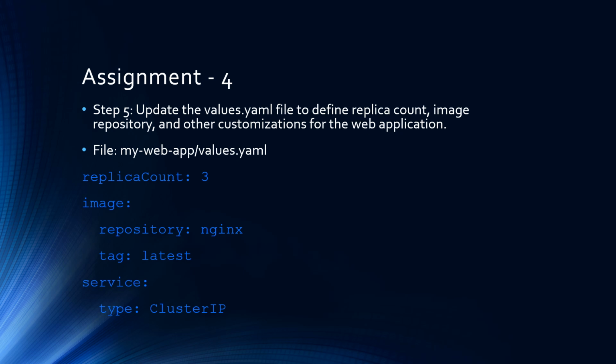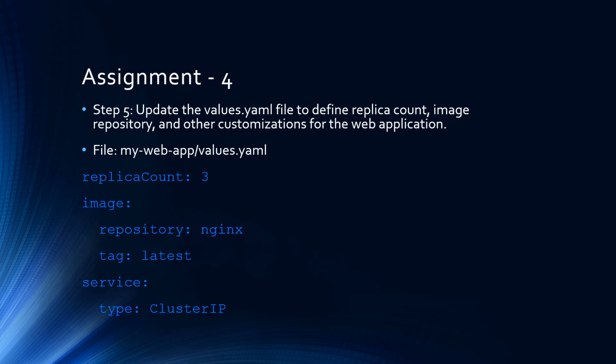Assignment 4 focuses on customizing the values.yaml file, which is crucial for making your chart configurable and reusable. In this assignment, you'll set the replica count for your application, configure the image repository and tag, define service settings, and understand value overrides.